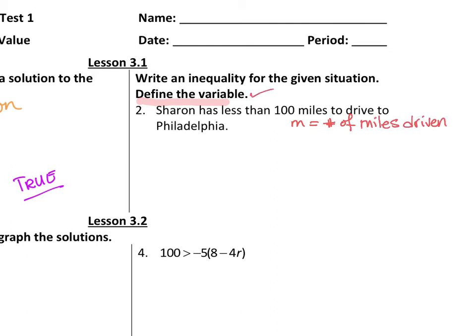So that's that part of that question. And she has less than 100. So that means the miles have to be less than 100. It doesn't say less than or equal to, or at least 100 miles would indicate the equal to. So those are some things you need to watch out for. But m is less than 100 is all you needed to write there.